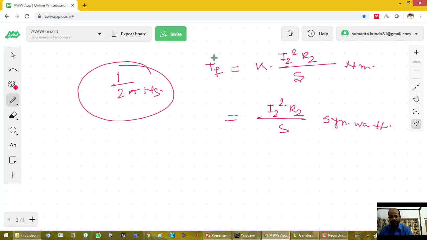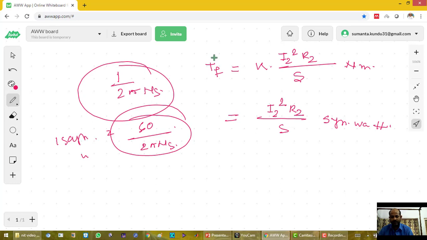That is, if ns equals to rpm, that is ns equals 60 rps. So 1 synchronous watt equals 60 by 2 pi ns Newton meter. So I have omitted this k value and I am changing the dimension to synchronous watt.